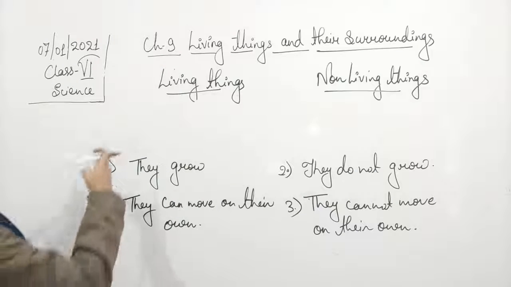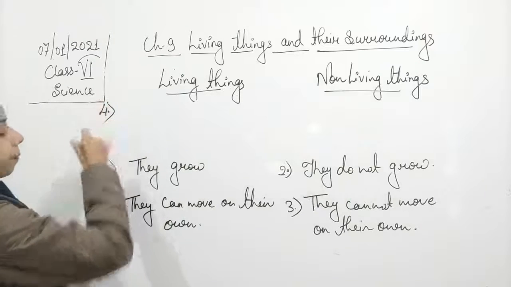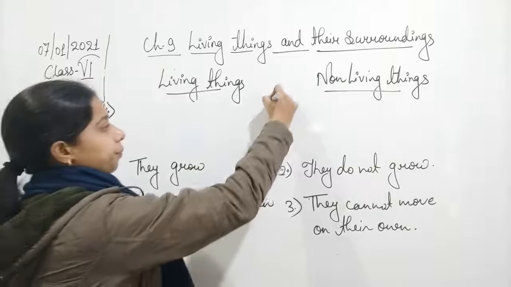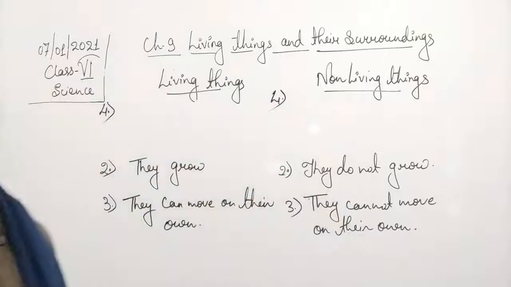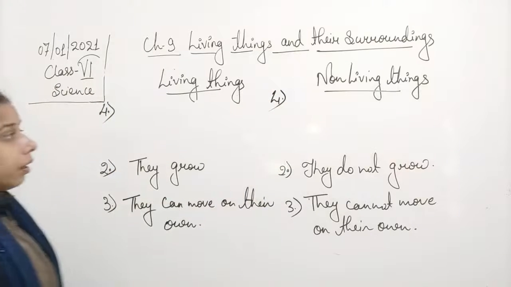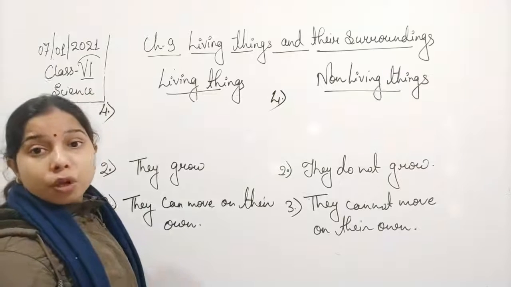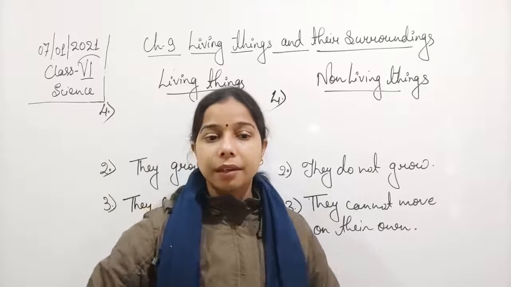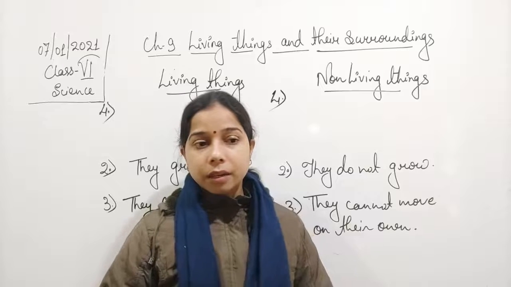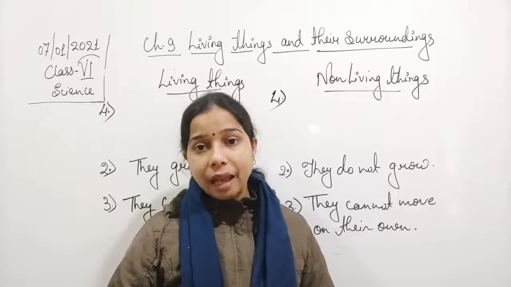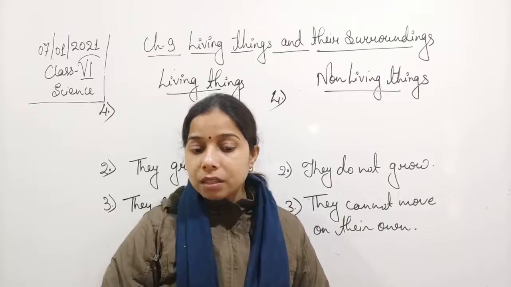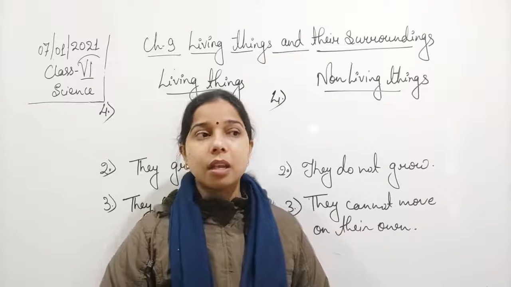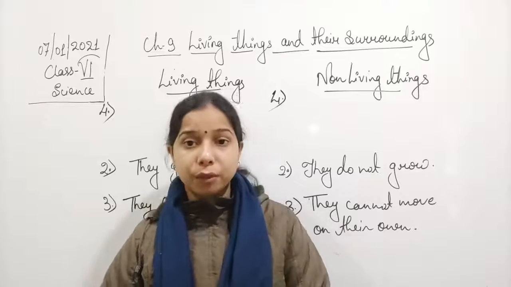That is the fourth one. And here we can say that the living things used to respond to the stimuli. So in the case of stimuli, students, we have seen that if an external change happens, our body always reacts to that.